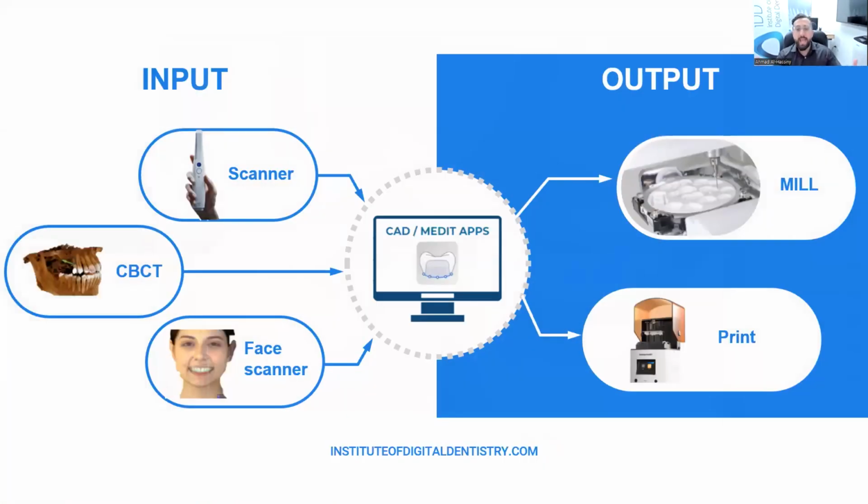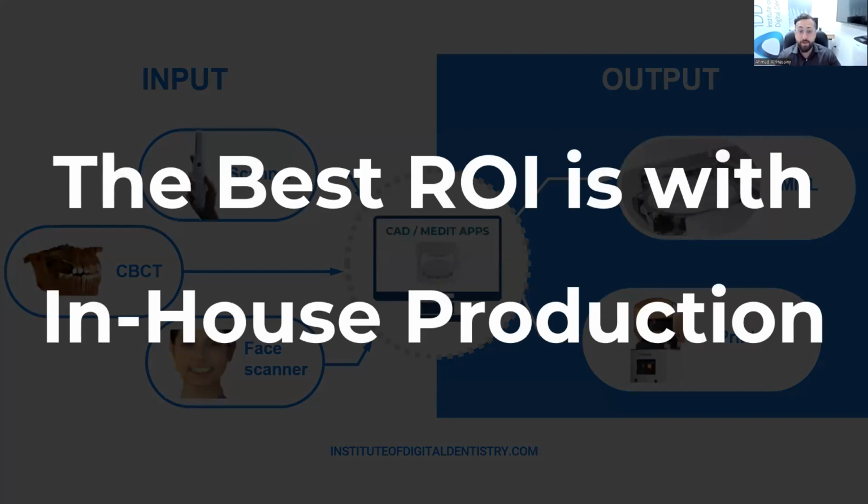And then there's the CADCAM. So we've got the communication, but then you also have the actual CADCAM, where you have all your inputs, you put it into a CAD software or the Medit apps, and then you actually want to fabricate something, like milling or printing something. And that also gets very interesting because in my opinion, guys, the best ROI is with some form of in-house production.